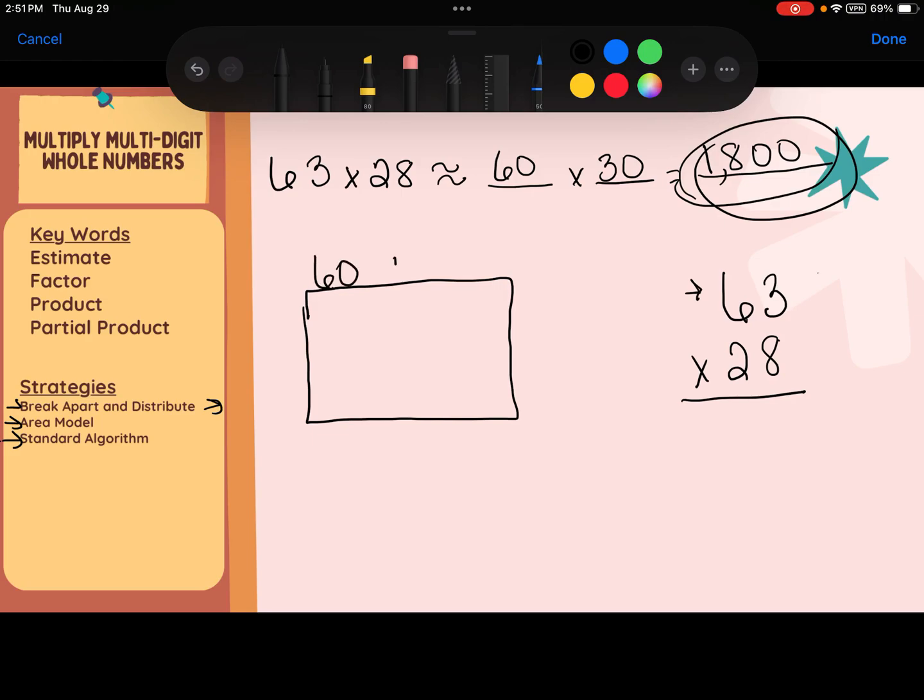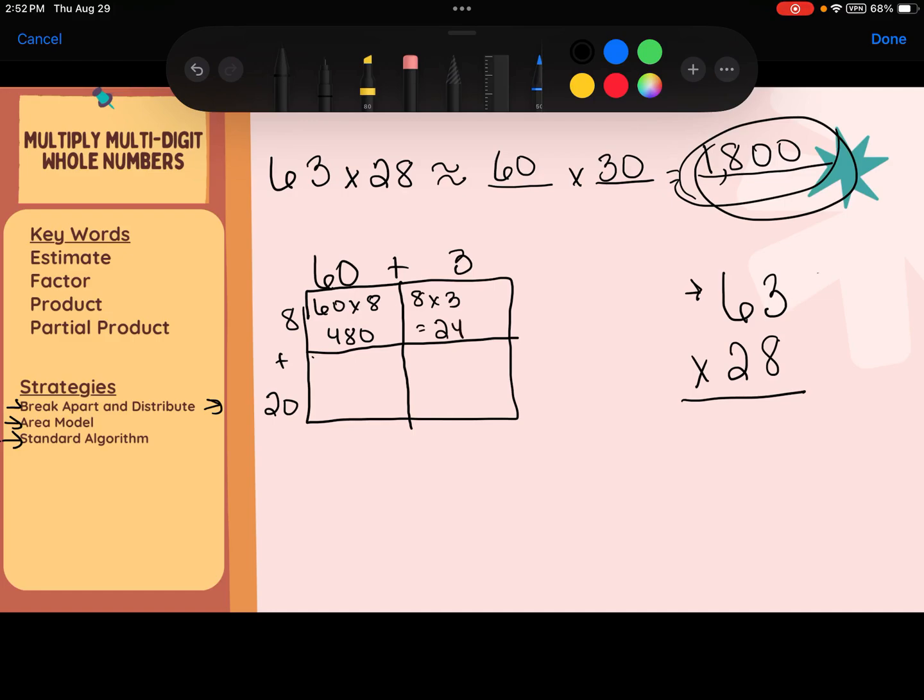Now, I like to tell students to go ahead and actually write the expression within the boxes. So this would be 60 times 8, which would be 480. This would be 8 times 3, which would be equal to 24. This would be 60 times 20, which is equal to 1,200. And this would be 20 times 3, which is in fact equal to 60.